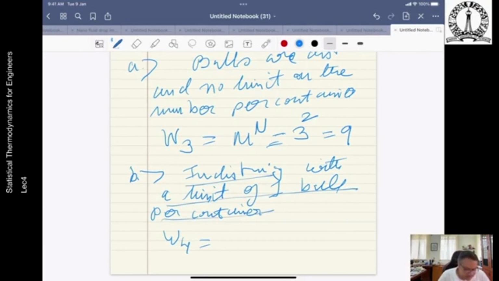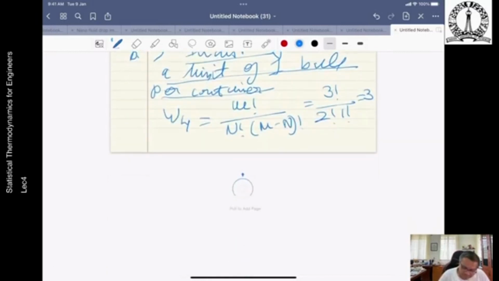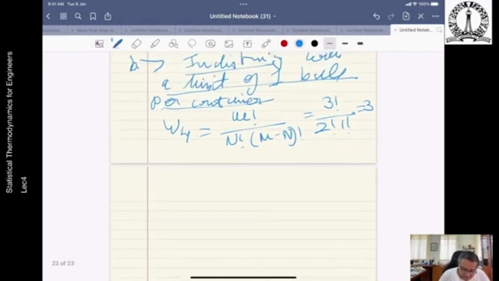So this now becomes your W4, which, if you recall, is m factorial divided by n factorial times m minus n factorial. So it is basically 3 factorial divided by 2 factorial and 1 factorial. So this is 3. So you can see the number of ways have kind of reduced in this particular case.